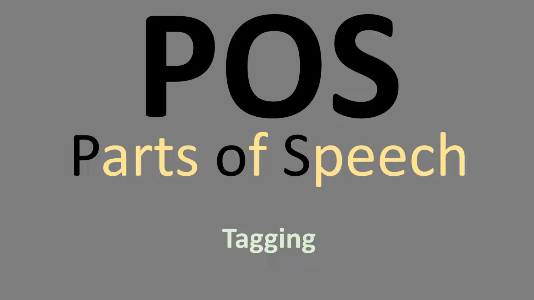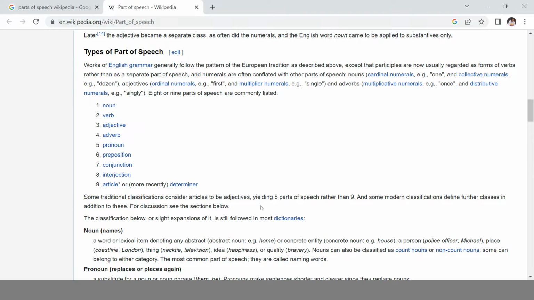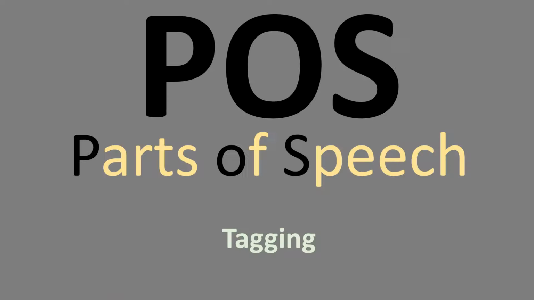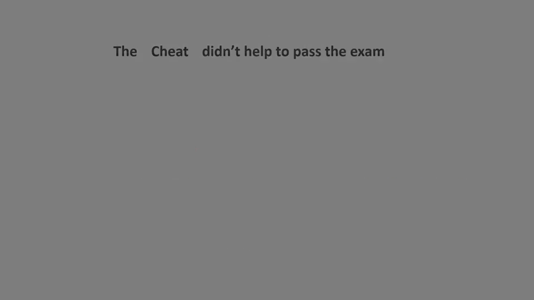For a computer also, it is important that we make it understand the parts of speech of the input we are supplying. Why is that important? Let's consider this sentence: the cheat didn't help to pass the exam. And the other sentence: it is not good to cheat in the exam.